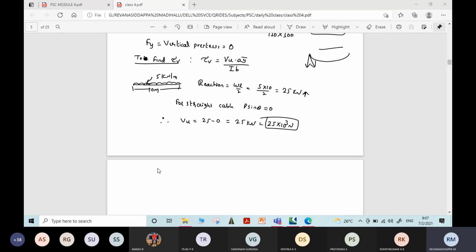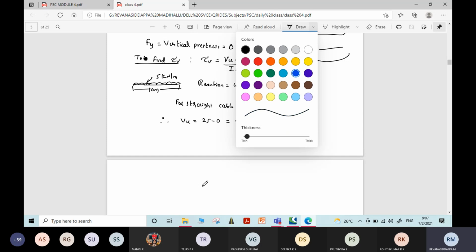All of you write the cross section and find Ay bar. Anyone got the answer? I'll solve.